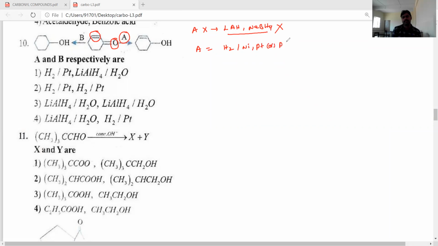But A should be metal hydrogenation in the presence of nickel, platinum or palladium catalyst. Then they can reduce the double bond as well as the ketone. Sorry, I said it in reverse, dear students.